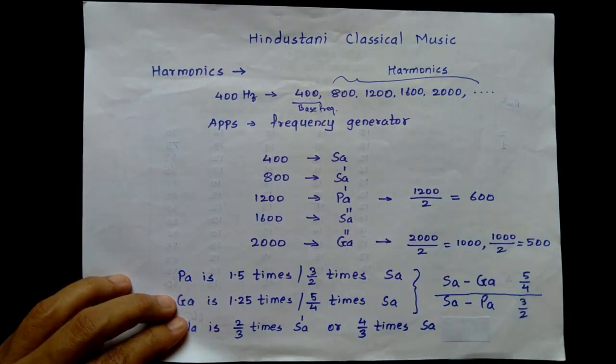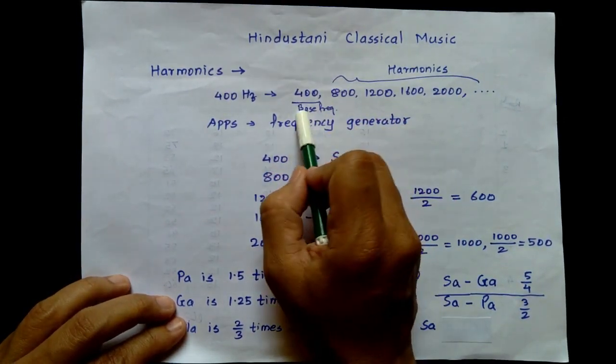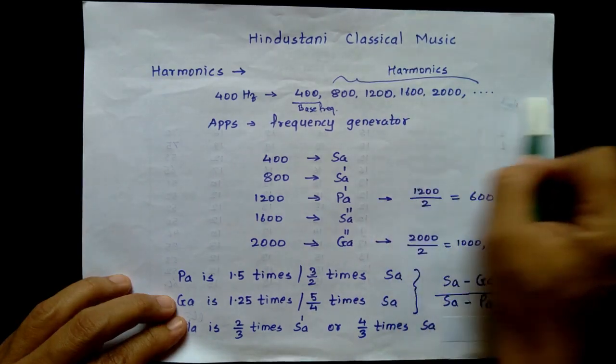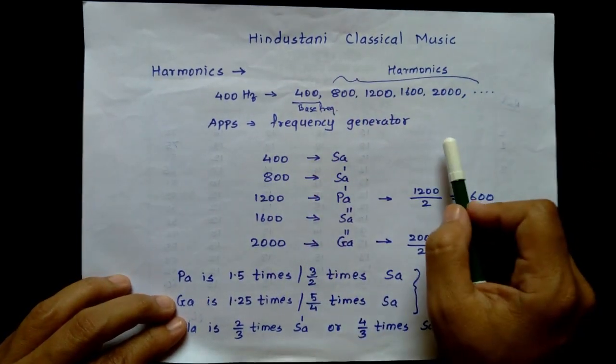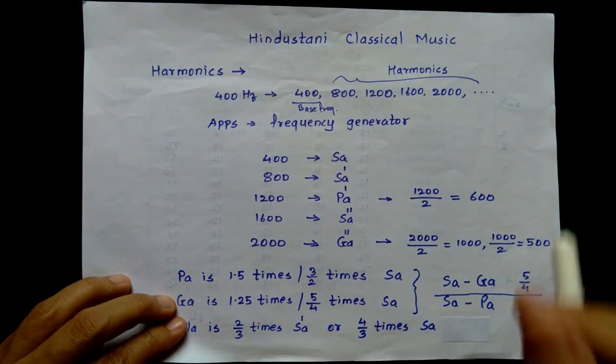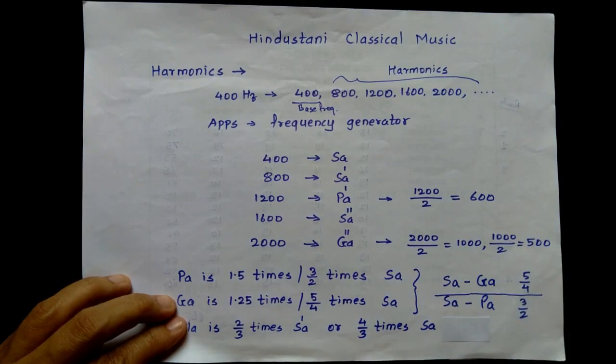This is a natural phenomenon, and if I call 400 the base frequency, then 800, 1200, 1600 and so on are the harmonics. The harmonics are nothing but the texture of that particular voice or instrument or sound.